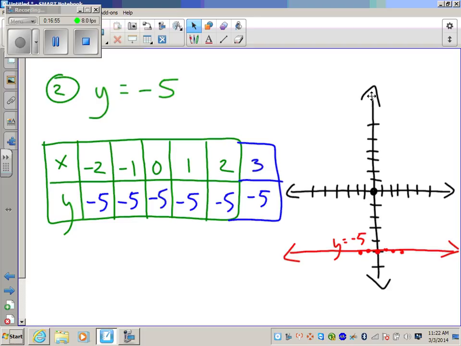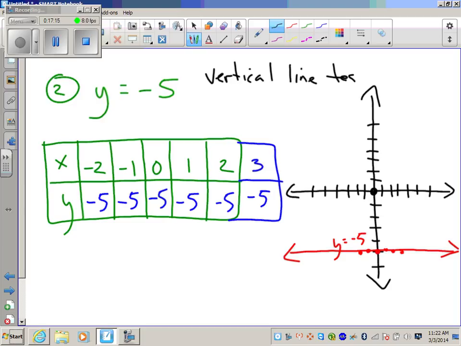Now, when you get to algebra, they'll be asking you certain things like, is this a function? Is it not a function? Once you graph it, there's something called the vertical line test.